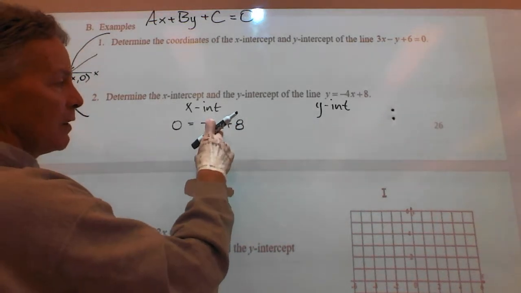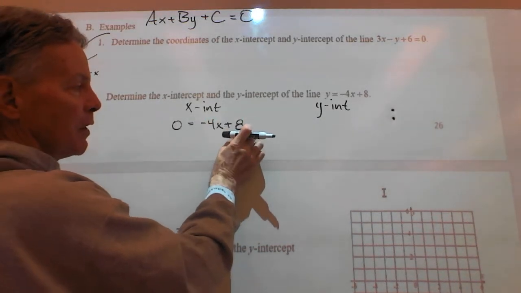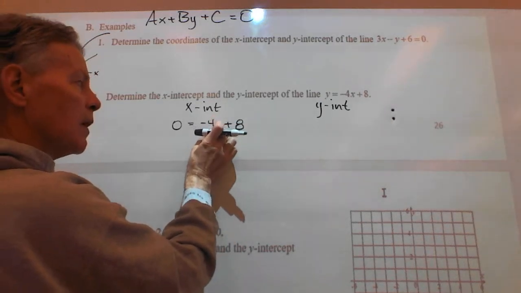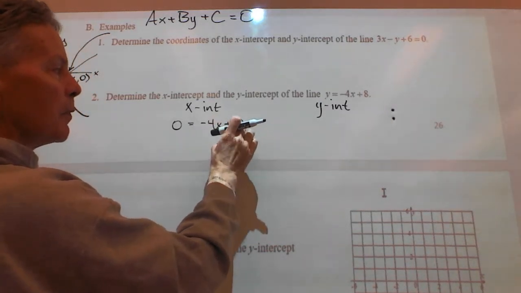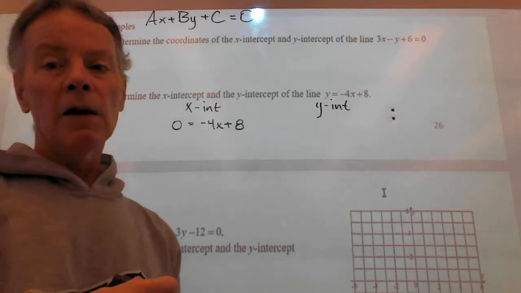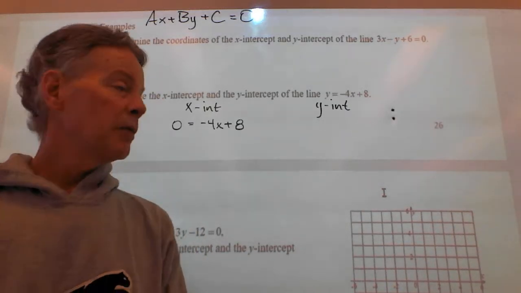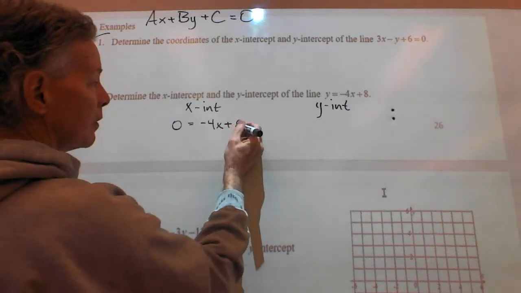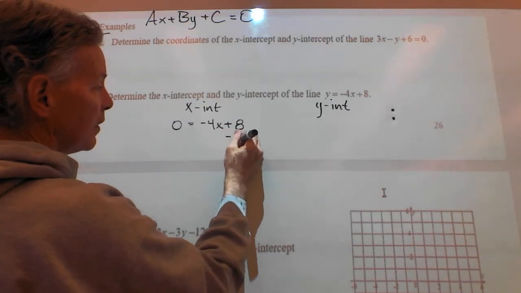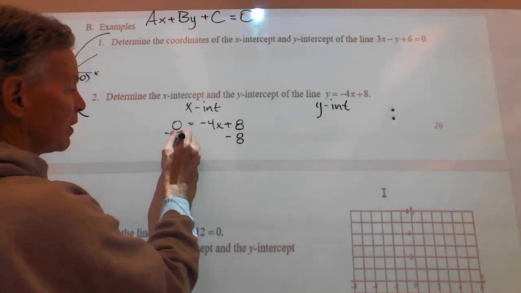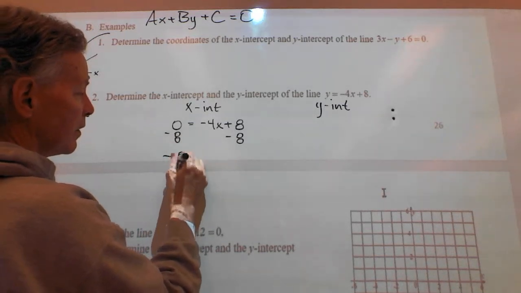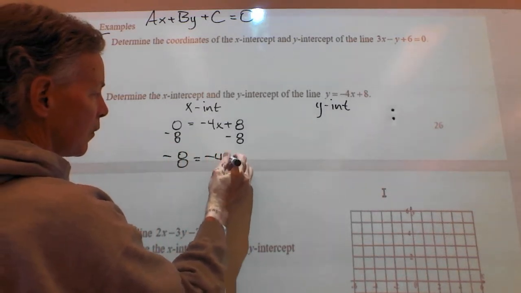We want to isolate the variable. That means we have to get rid of the 8, and we have to get rid of the negative 4. Remember, always move stuff that involves adding and subtracting before you move stuff involving multiplying and dividing. So, we want to get rid of this 8. That's easy. Subtract 8 from both sides. That gives us negative 8 equals negative 4x.